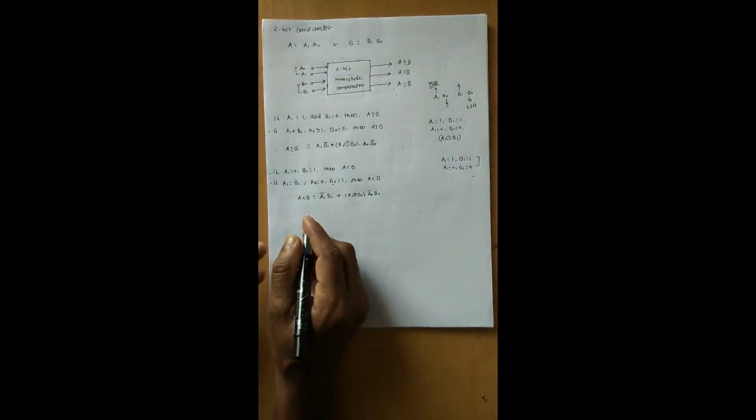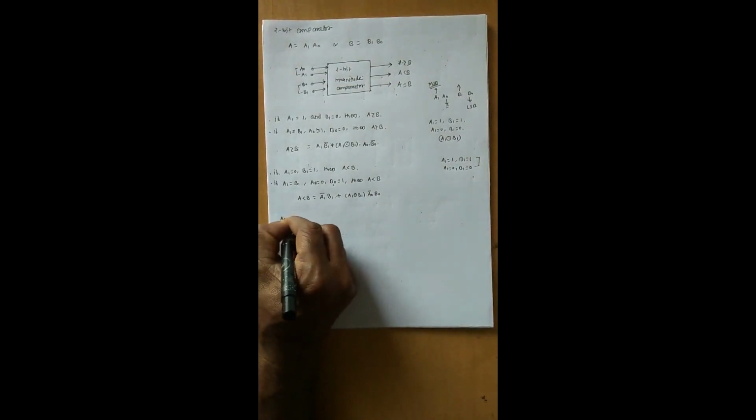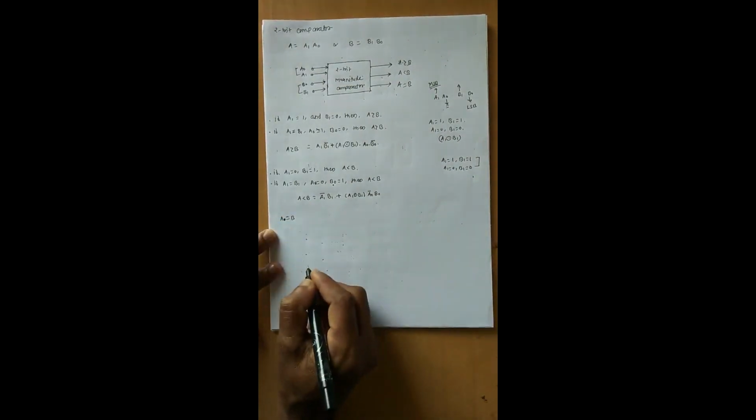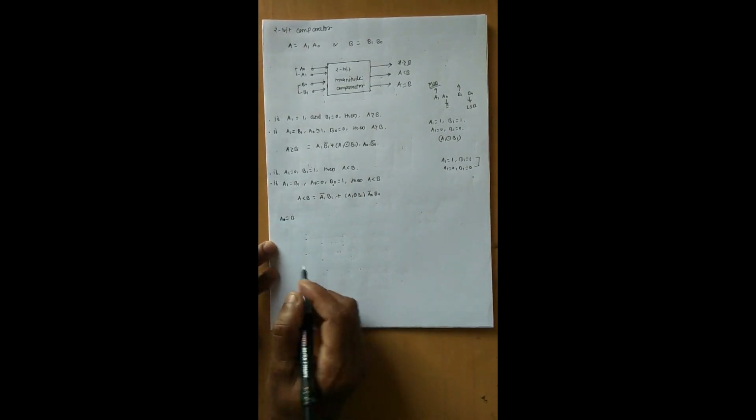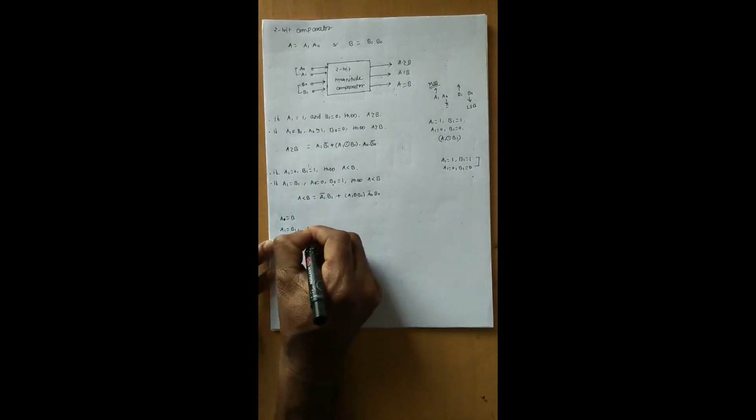Okay, and for the third condition, for A is equal to B, what will the outputs be? The possibilities: A1 is equal to B1 definitely, and A0 is equal to B0.